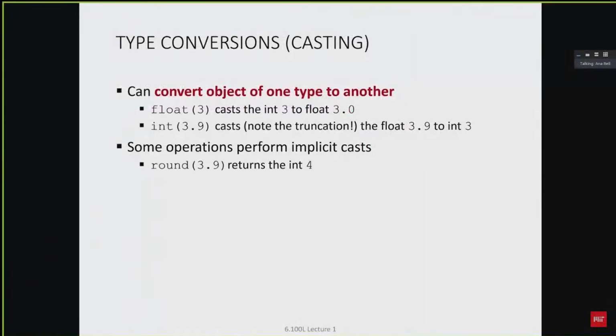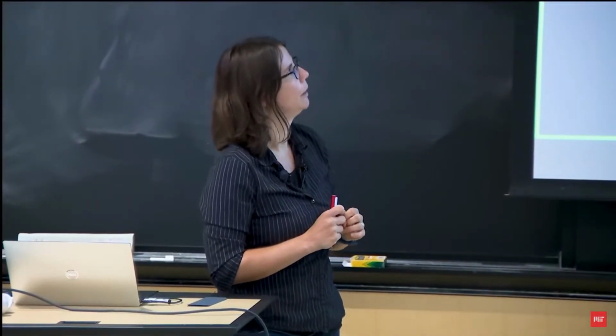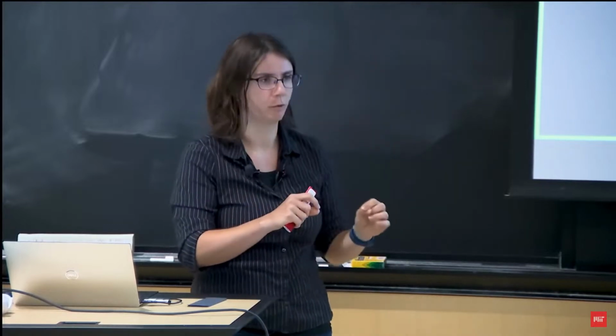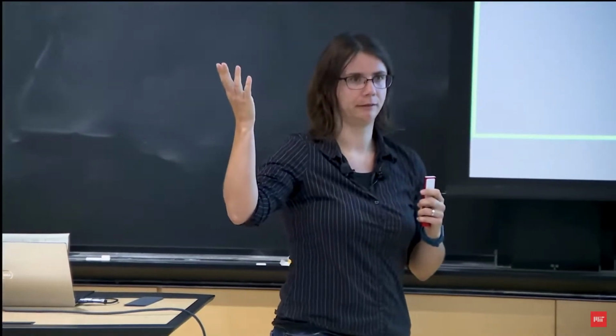Okay. So once we create objects, one thing we can do with these objects is to cast them to a different type. Now, this is a little bit maybe confusing because we're not actually changing the object once we've created it. So once we create the integer 3, it's there in memory.